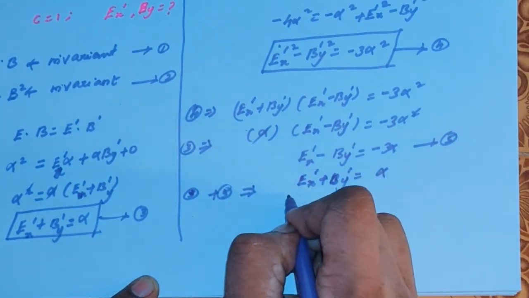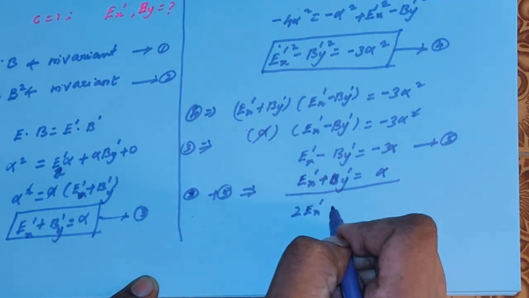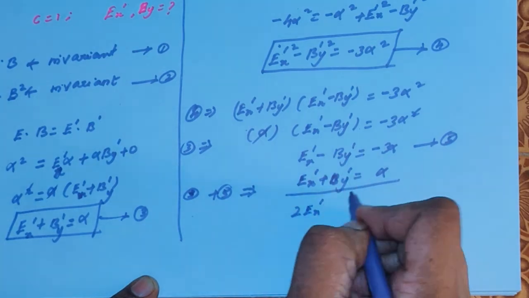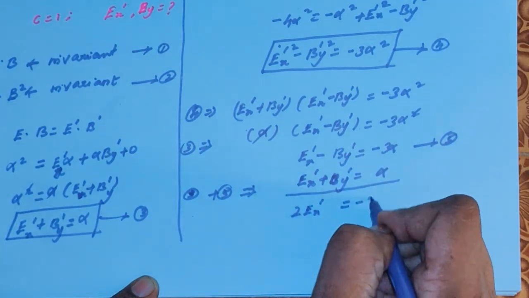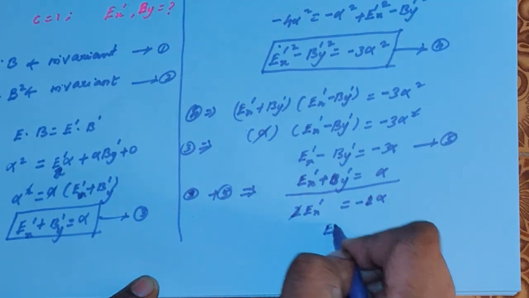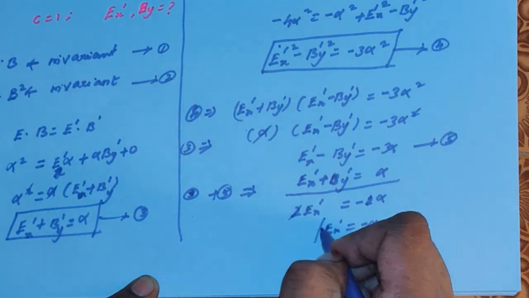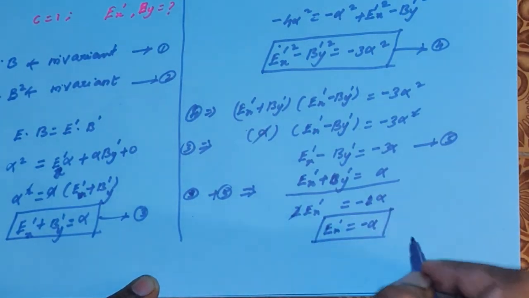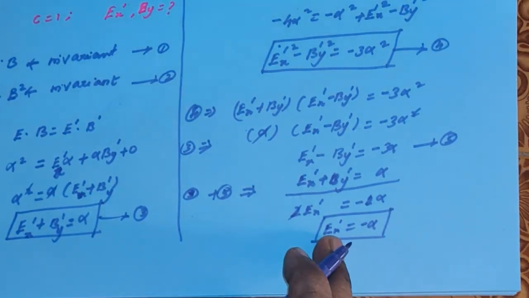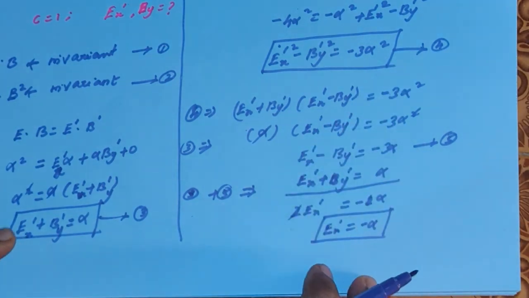If you add these two equations, it will give 2 Ex prime, By prime gets cancelled, equal to minus 2 alpha. So Ex prime is minus alpha. Once you know Ex prime, we can simply find By prime, either substituting here or in any one of the equations.